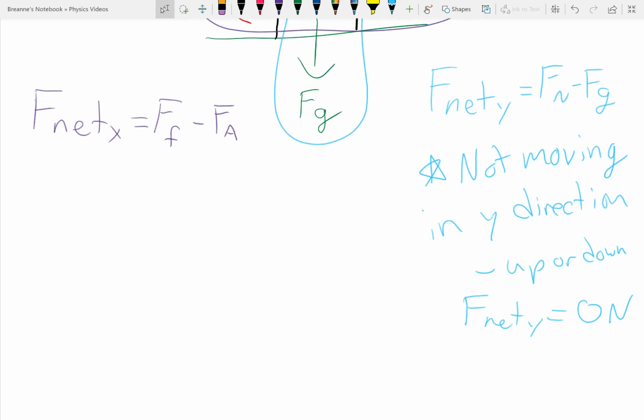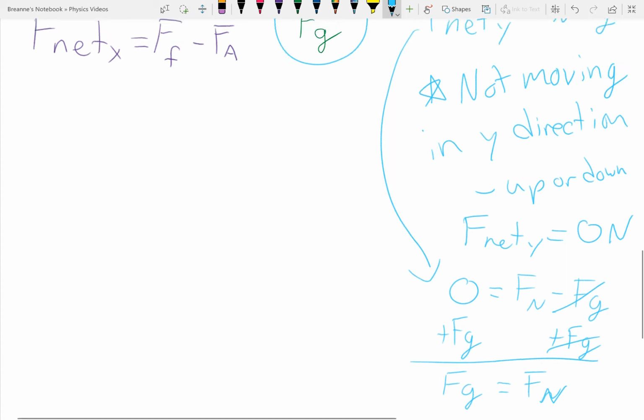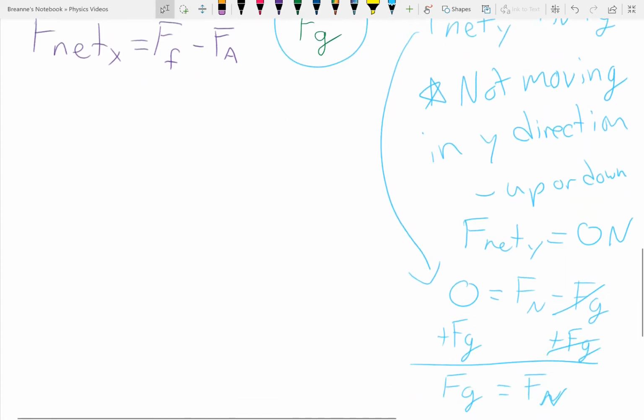Therefore, if we go back to our equation, net force 0 equals our normal force minus our force of gravity. Then we can balance it out using algebra. And that's how we get our force of gravity equals our force of normal. Because it's balanced, it's not moving. So, there you have it.